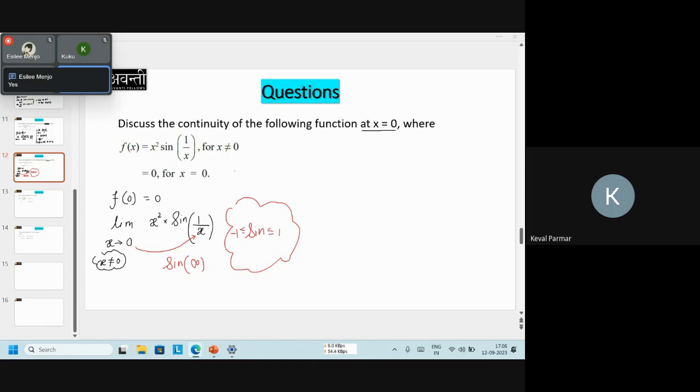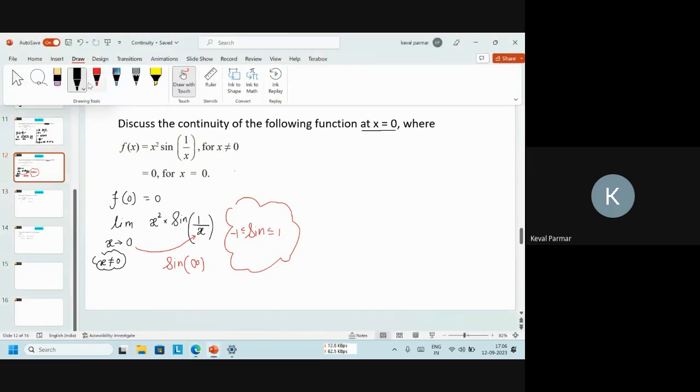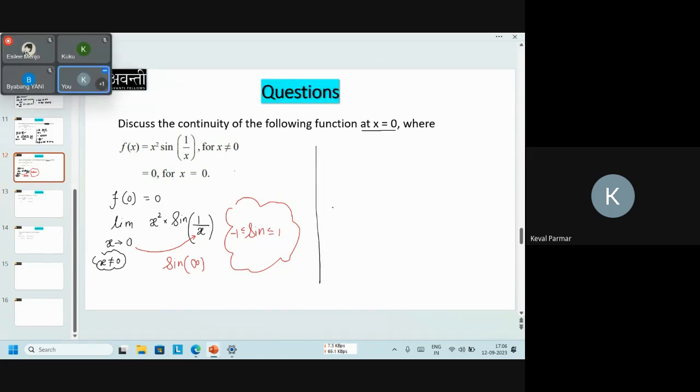So as we were here, as we know the sine value is between -1 to 1. That means what case we have here? Here we have the case that if we substitute x equals 0, then I will get 0 into a value between -1 to 1.